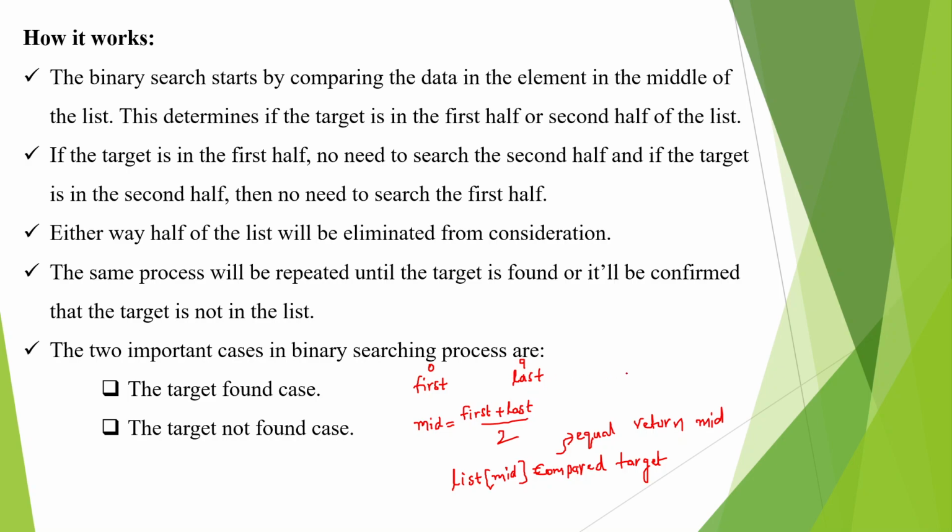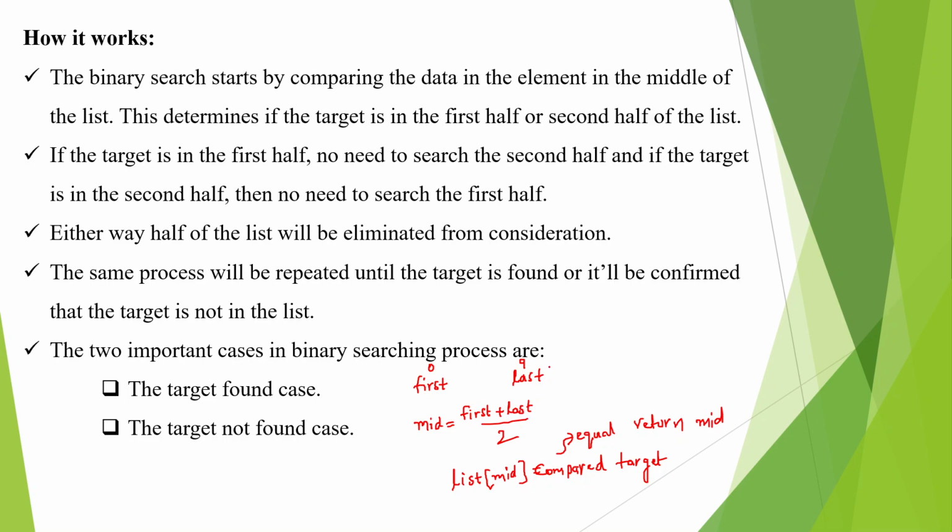Basically, every time it divides the given list into two equal halves, and with every iteration your list keeps getting halved until we reach the target, or the item is not found in the list.